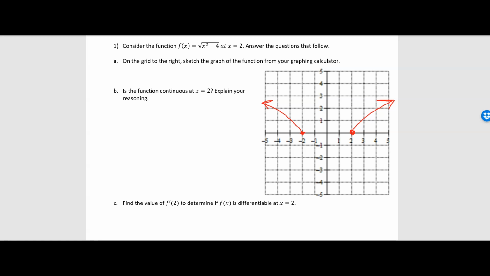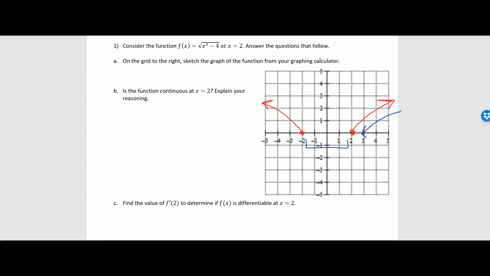The limit from the right side, as we approach 2 from this side, is approaching 0. The problem is the function isn't defined from negative 2 to 2 on that open interval. So the limit as we approach 2 from the left side does not exist.